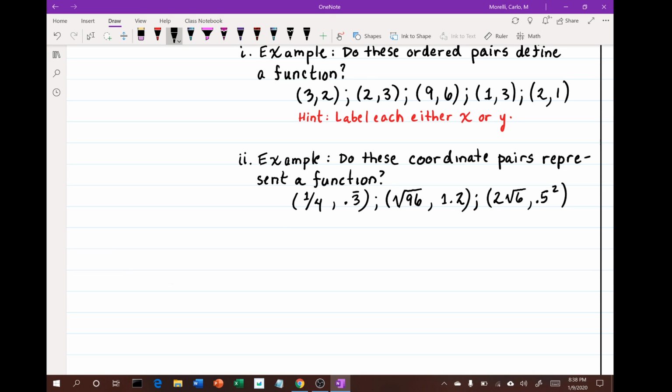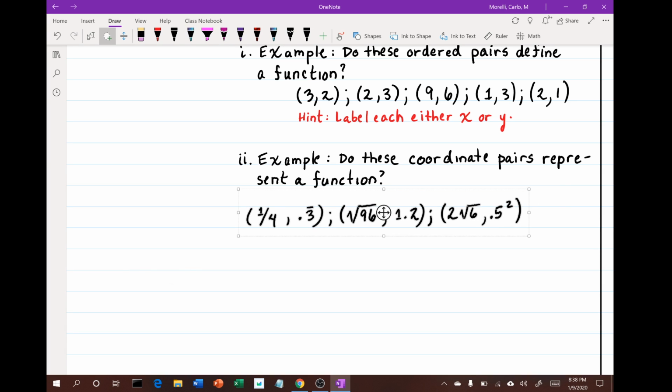And then I need to have one more coordinate pair. And this will be 0.5 squared.